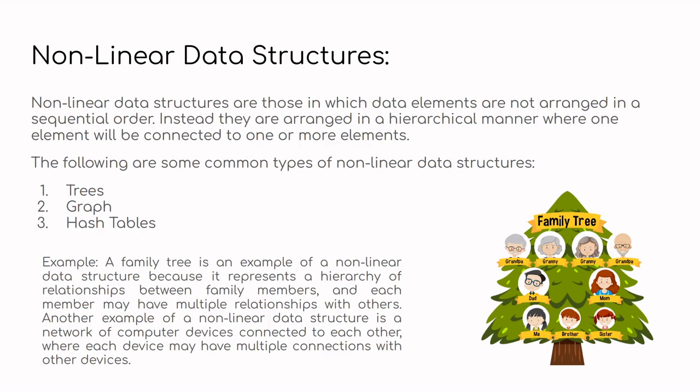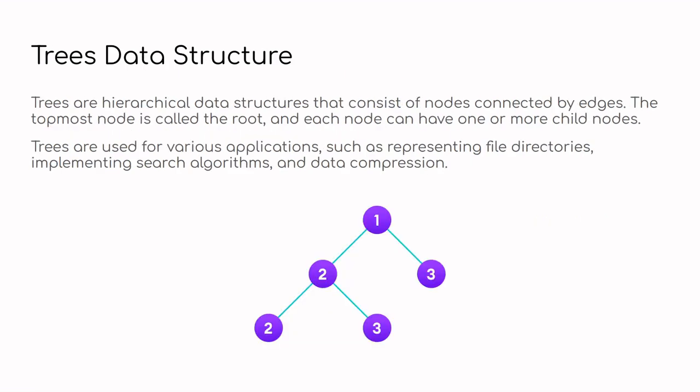Now let's understand tree data structures of non-linear data structures. Trees are hierarchical data structures that consist of nodes. So one is a node and it is connected by edges. One is connected by an edge to 3, and one is also connected to 2 by this edge.